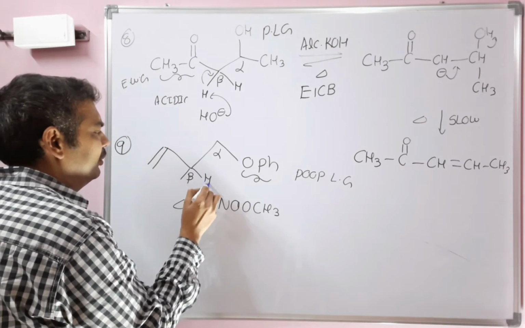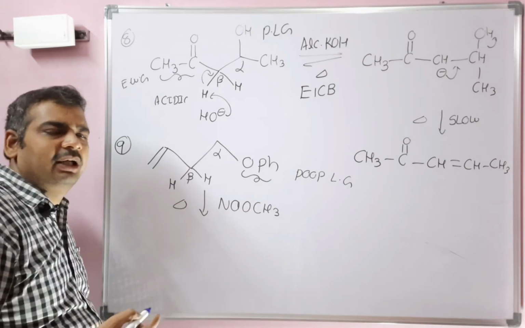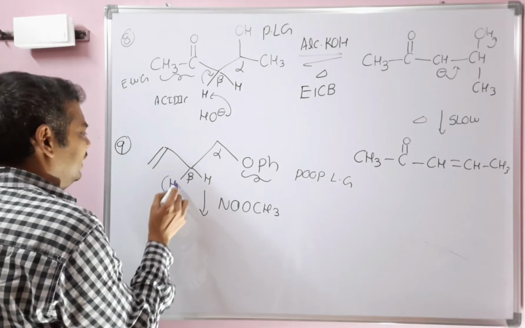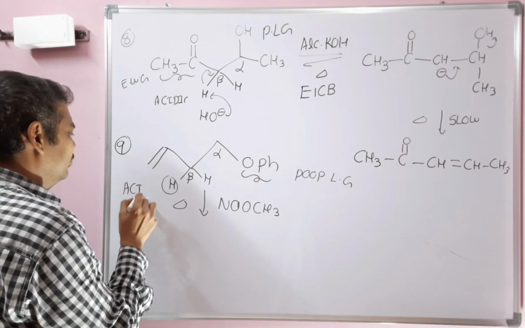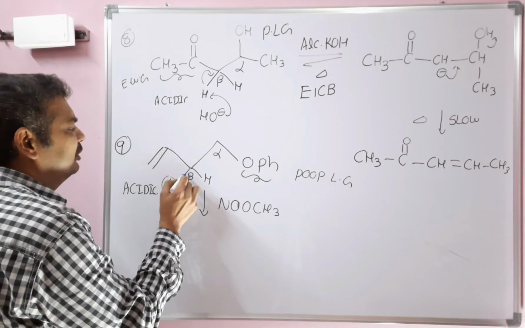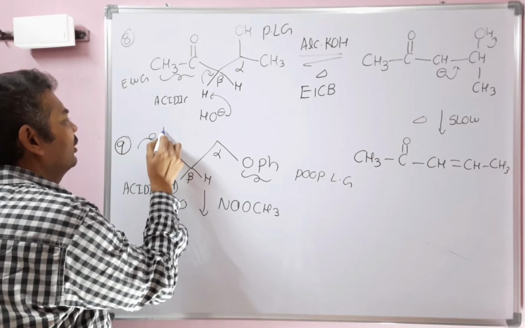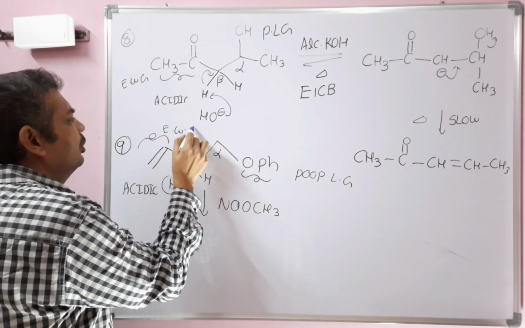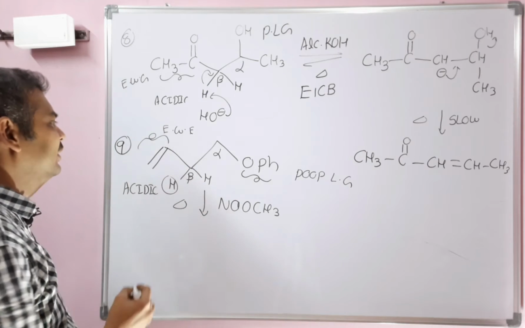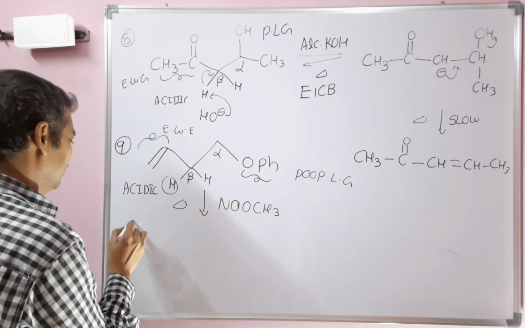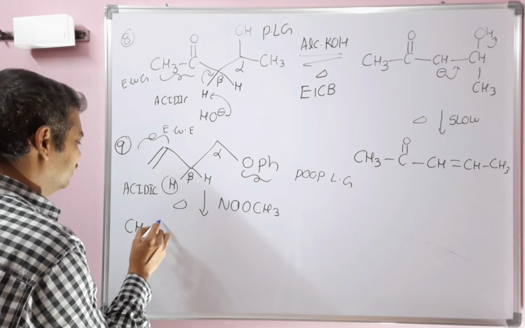Two beta hydrogens are there. Definitely it will undergo elimination, but this hydrogen should be acidic. For the beta hydrogen to be acidic, the carbon it is attached to should be attached to an electron withdrawing group. The vinyl group is electron withdrawing, so this hydrogen is acidic. That means it will undergo the E1CB reaction.